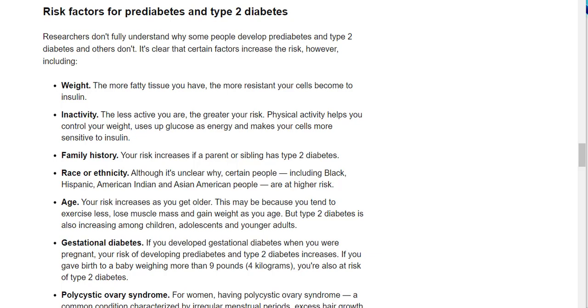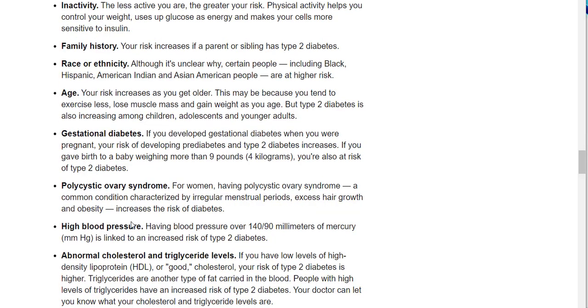Gestational diabetes, and we'll talk about gestational diabetes in a little bit, but a person who has developed gestational diabetes in the past during pregnancy is at greater risk for developing type 2 diabetes as well.